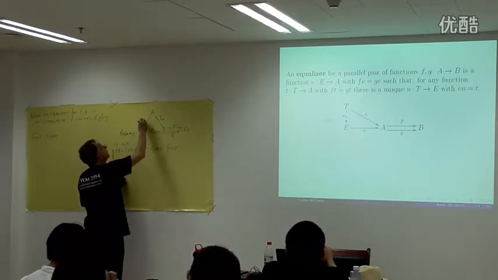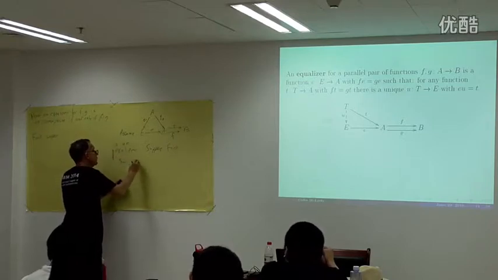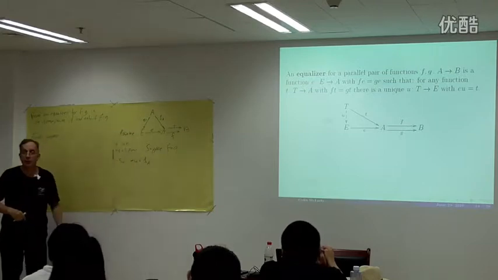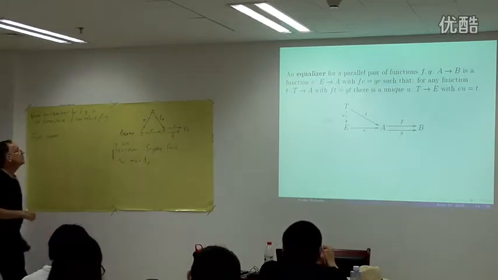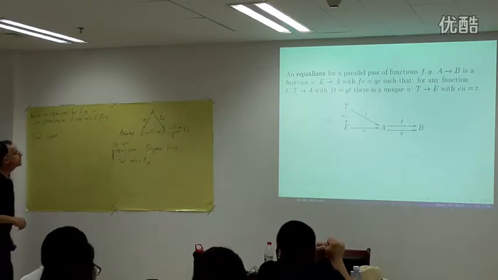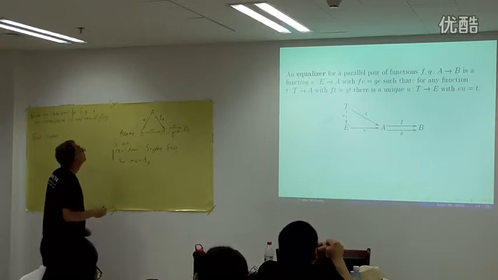So it factors by U. So, EU is certainly the identity on A. That's the definition of equalizer. How do I know that UE is the identity? So, let's see.